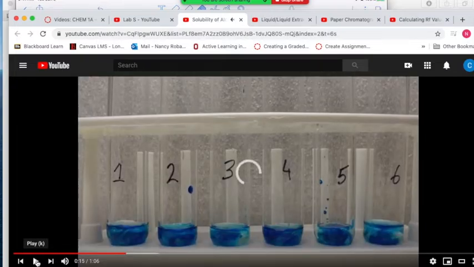Okay, so what you just saw was water, an equal amount, added to each one of these test tubes, and then the food coloring. So this is your water or aqueous layer. If you're not hearing any sound from the video, that's okay. There's actually not any sound to this video except for background noise.